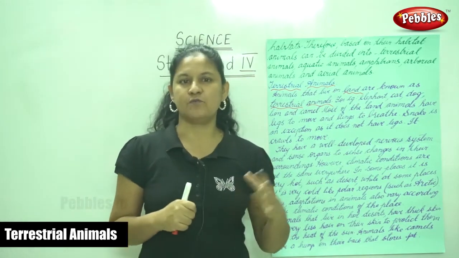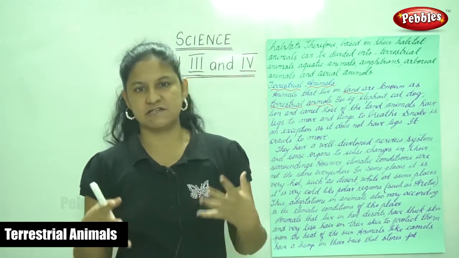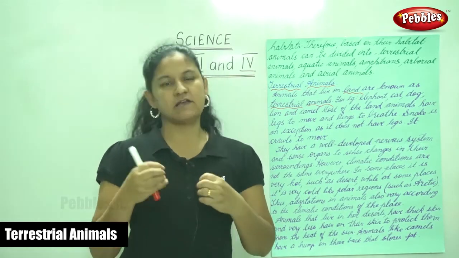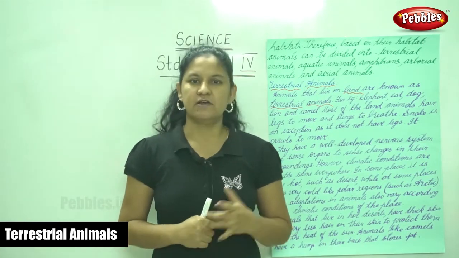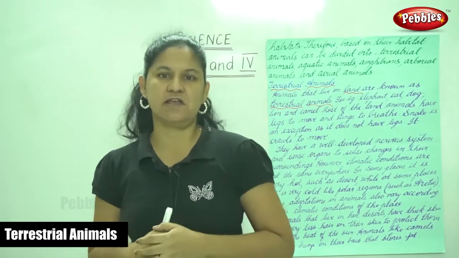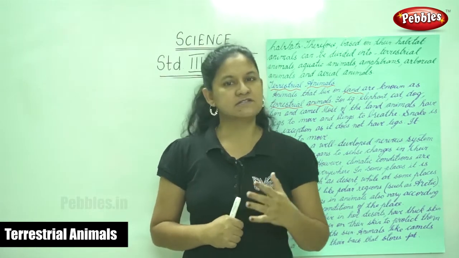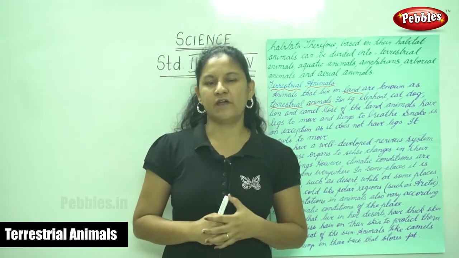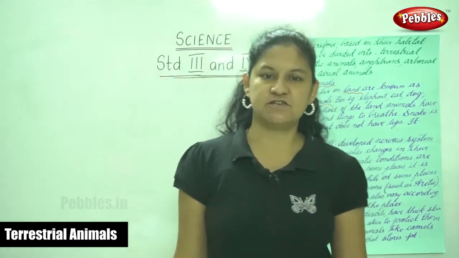For example, we have very hot places like the deserts and very cold places like the polar regions, that is the Arctic. And the skin and hair of the animal are developed in such a way as to adjust according to the environment. For example, we have seen the camel. The camel's skin is very thick and it has very little hair on its body in order to protect it from the sun's rays. And the camel has a hump on its back wherein it stores excess fat. So, this is about the terrestrial animals.